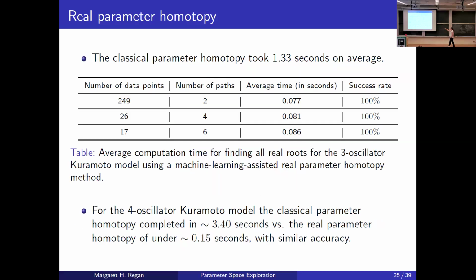And so we did see a speed up, and we saw a similar speed up in the next case where we have 3 parameter values for the n=4 Kuramoto case. We had the general usual classical homotopy, 3.4 seconds. And then we went down to about 0.15 seconds. So we saw this speed up.